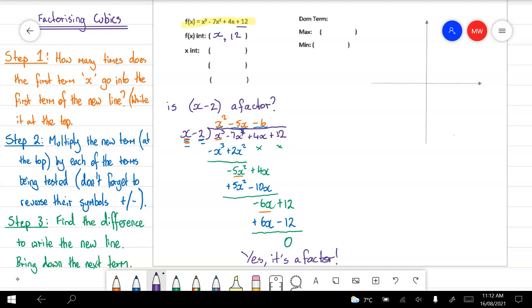Great. Now that we've worked that out, let's factorize this equation fully. Remember, what we're actually chasing here is x. We want it in this form to finish, and we know that the first one now is going to be x minus 2, because that's the factor that we tested.